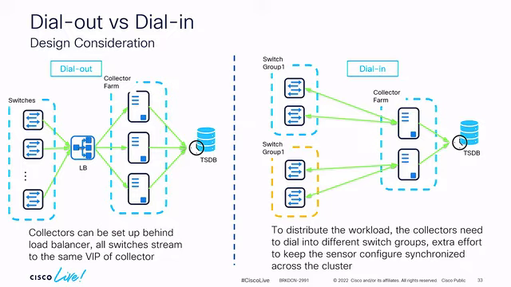And then you need to think about how to keep redundancy, and how to synchronize the sensor path configuration on each different collector. So it's doable, definitely. We do have some customers who want to use dial-in and have to design something like that. But it's not as straightforward as dial-out, right? So there are some design considerations when you design the telemetry.